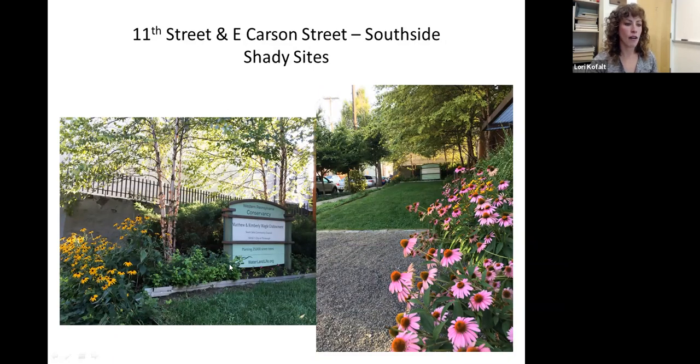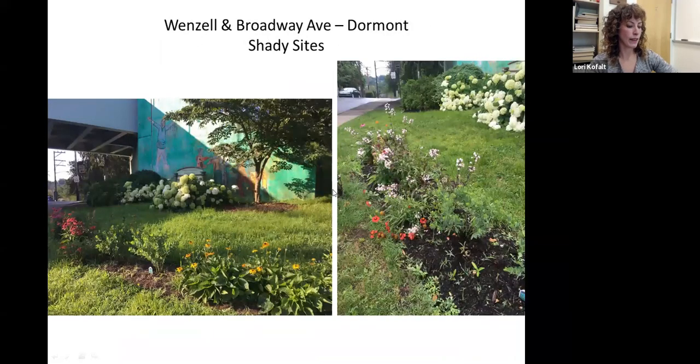This is another sort of part shade to heavy shade garden. So you'll notice a lot of foliage plants in there, as well as river birches, and birch trees are actually good pollinator host plants. And once again, Wenzel and Broadway, which is in Dormont, it's a shady site.